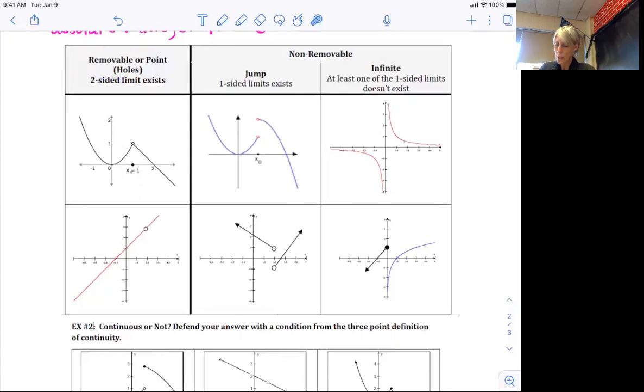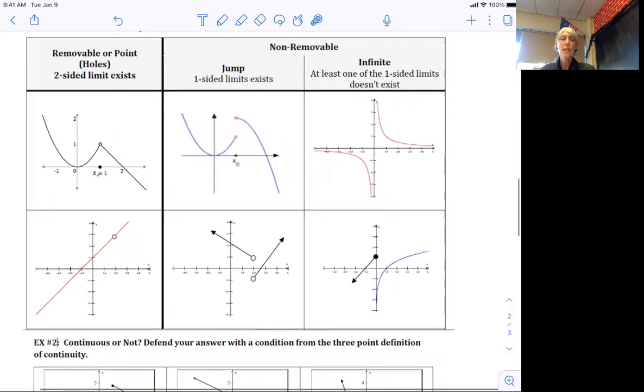In this case, if I'm looking at this function, it's not continuous when x equals 1, but it's just not continuous at this point. And basically, it's removable because we could redefine the function. That's going to be stuff we do next year. This year, we just want to be able to describe it.